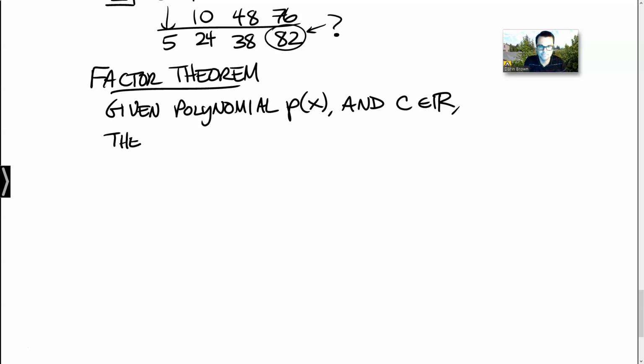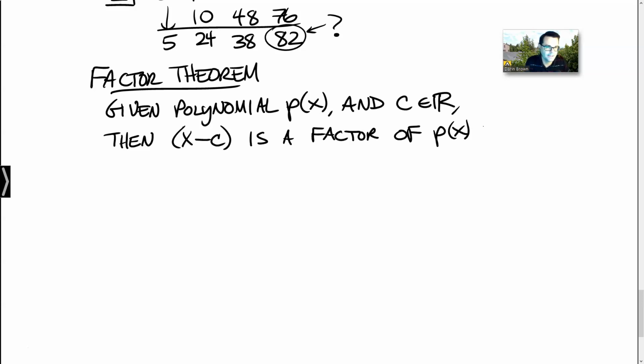Then x minus c is a factor of p if and only if, so remember this double arrow means it goes both ways. If one's true, the other's true, and vice versa. If and only if p of c is equal to 0.